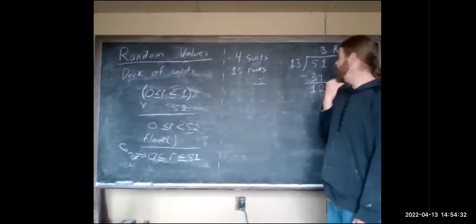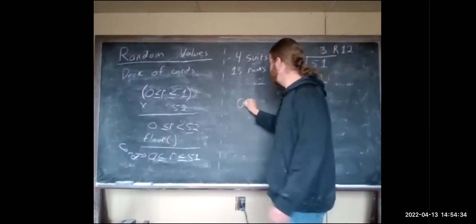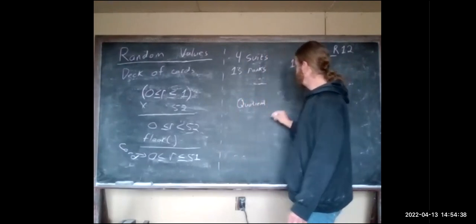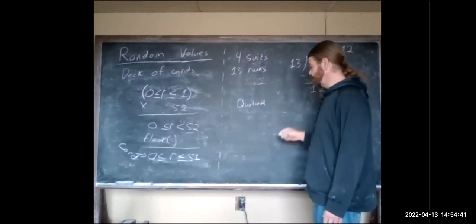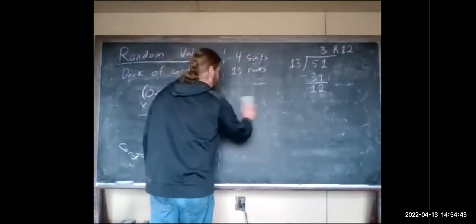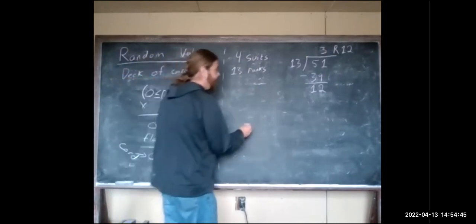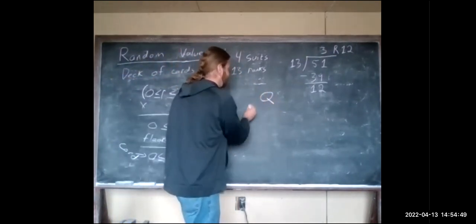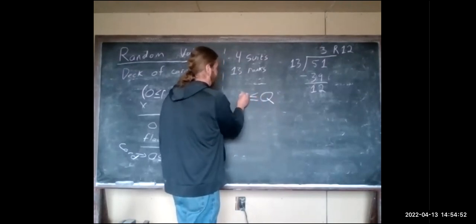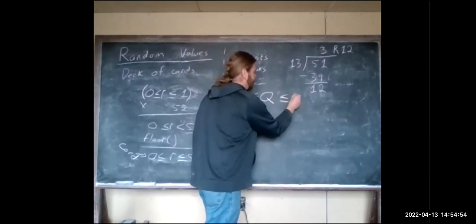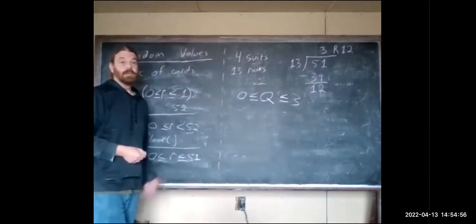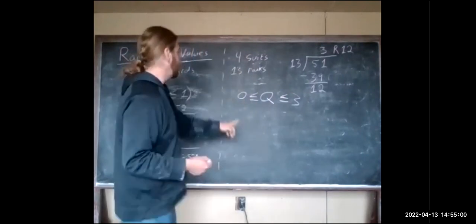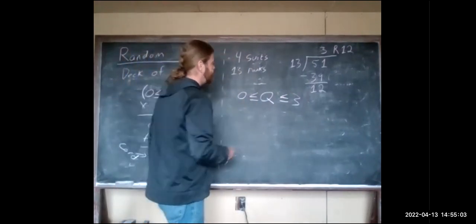Because when we divide, then our quotient, or just write a Q. Sorry, I've been using algebraic notation for this section, so I'll just stick with that. So our quotient is some number between 0 and 3, which is 4 values, right? 0, 1, 2, 3. So that gets us our 4 suits.